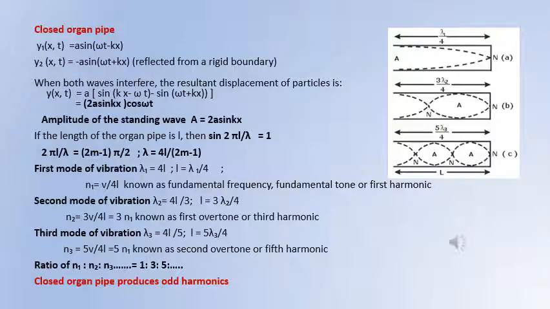Let's consider a closed organ pipe which is of length L. Now in a closed organ pipe, the primary wave is A sine omega t minus kx, which is traveling in the positive x direction. And as the reflection takes place from a rigid boundary, the equation of the reflected wave will be minus A sine omega t plus kx, which is traveling in the negative x direction.